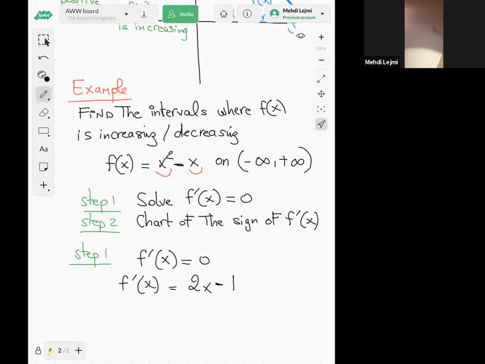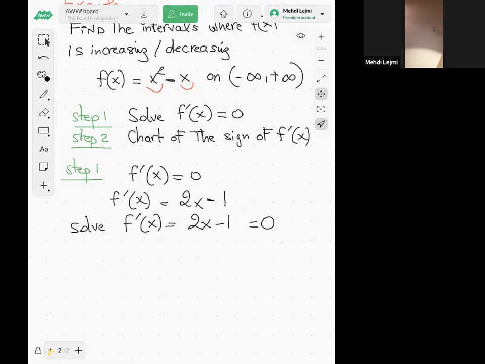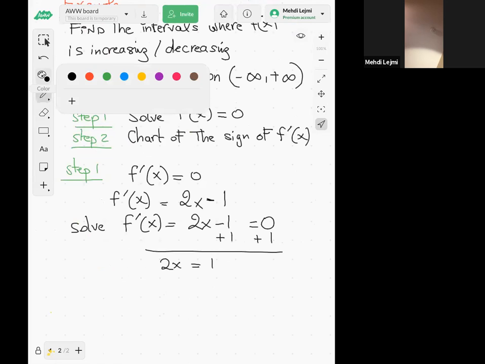I'm going to solve f prime of x equal to 0, so 2x minus 1 equals 0. Solving for x, add 1: 2x equals 1.